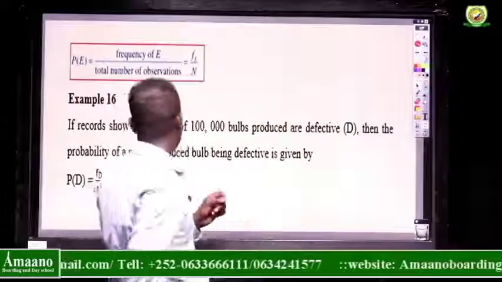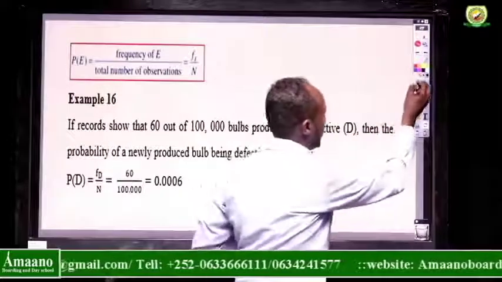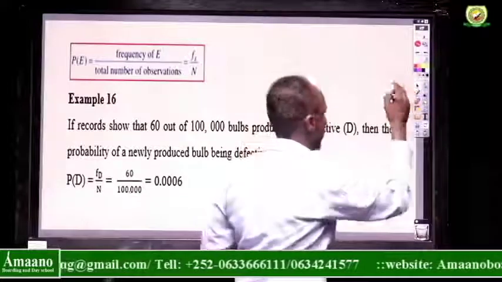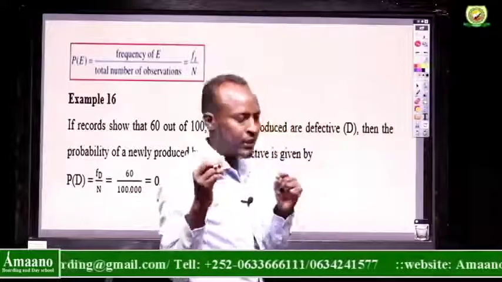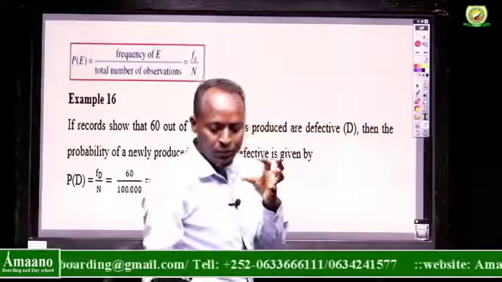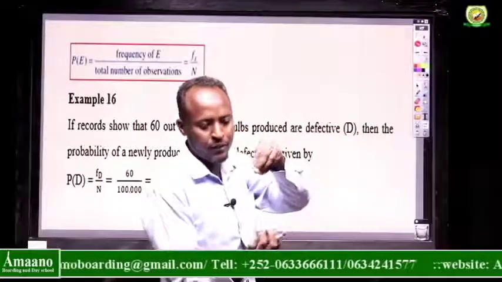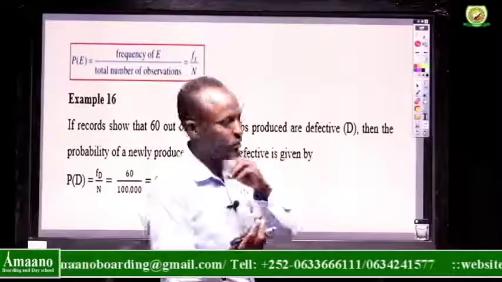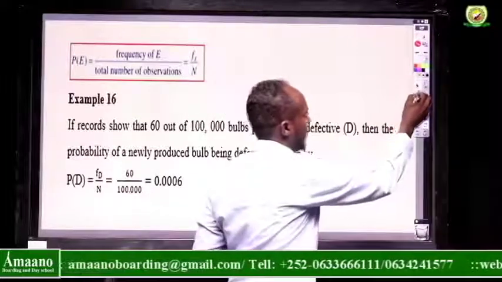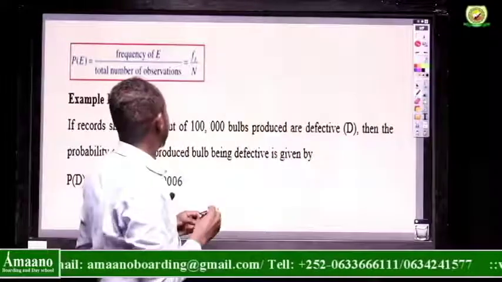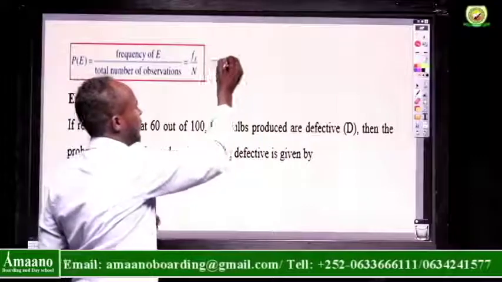Okay, from here, the probability of an event can be found by the empirical method. The previous one was called the classical method, because we have the number of sides and the required outcome, then we simply divide the required outcome by the total possible outcome. This question deals with what is called the empirical form.